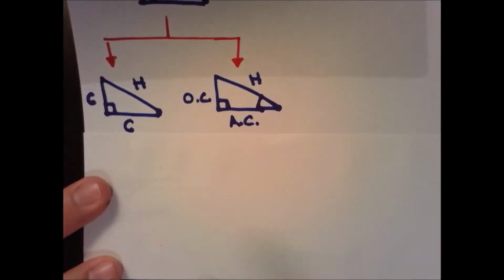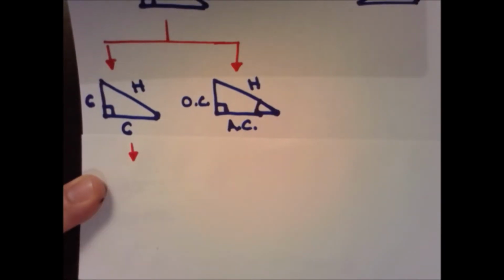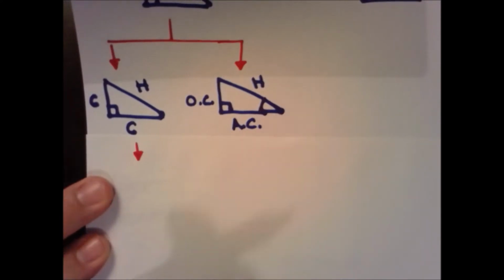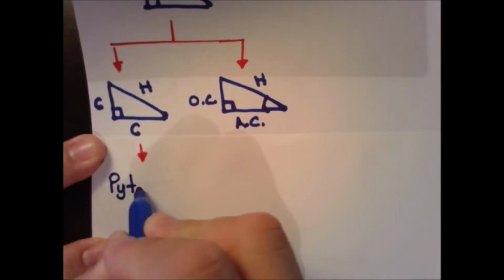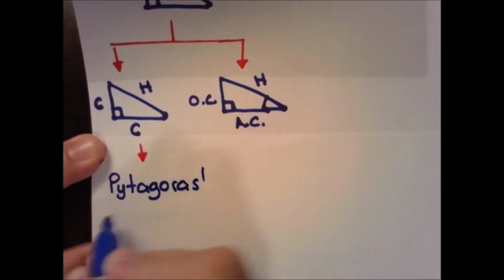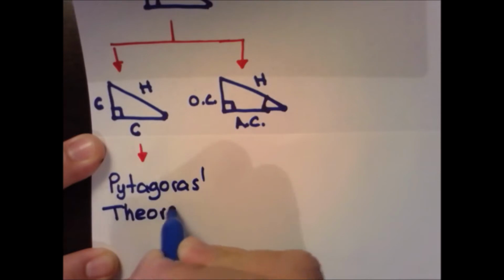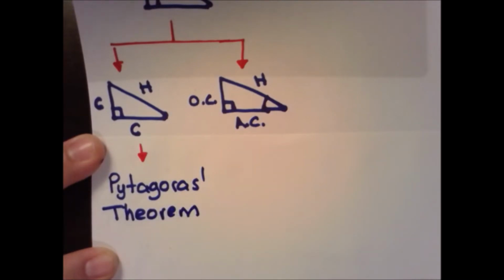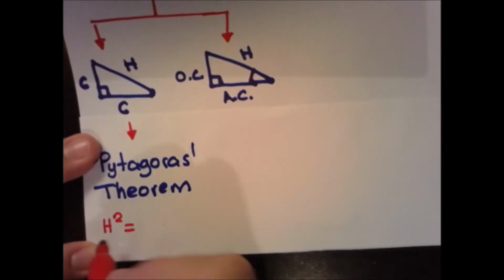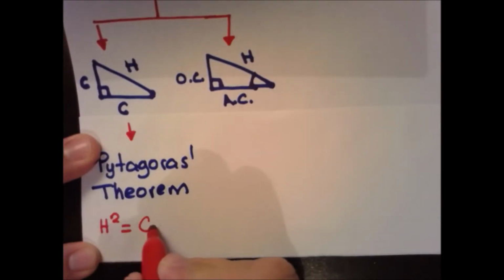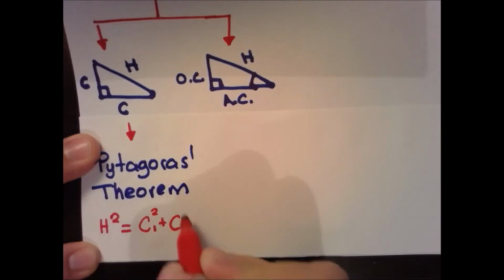If we work with the kind of right triangle where we know only the cathetus lengths and the hypotenuse, we are going to use the Pythagoras theorem. In that case, what does the Pythagoras theorem say? Well, it says that the square of the hypotenuse is equal to the addition of the squares of each cathetus.